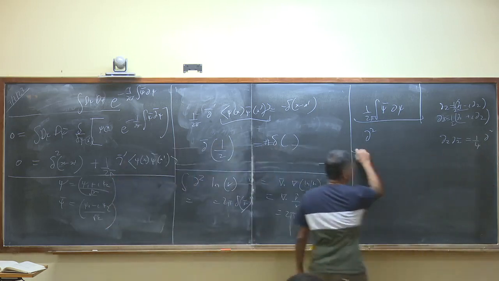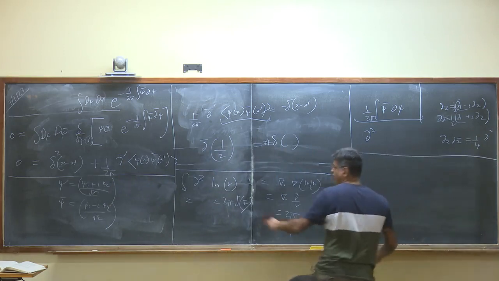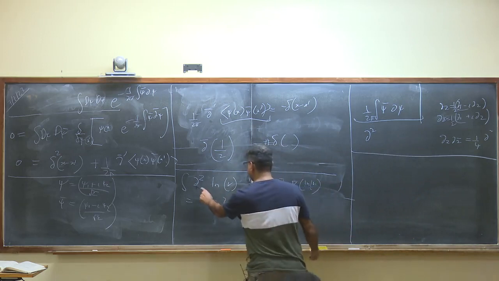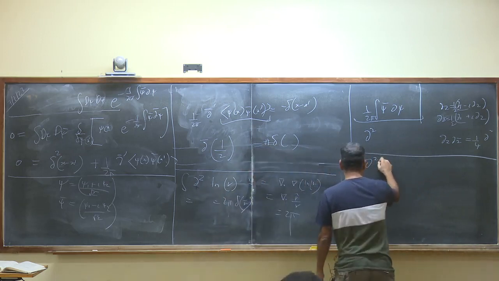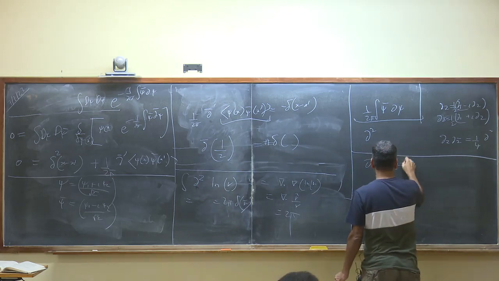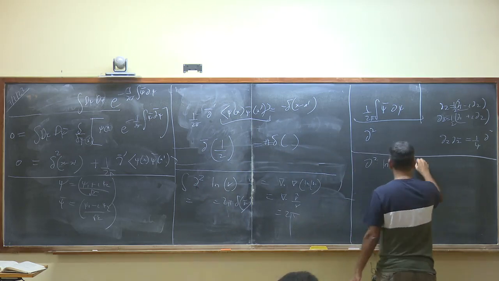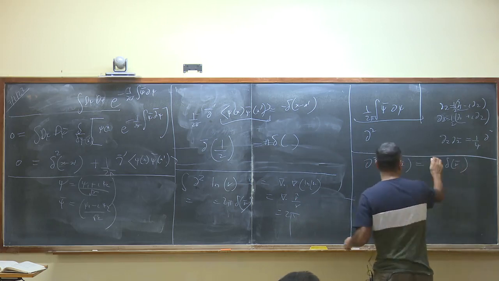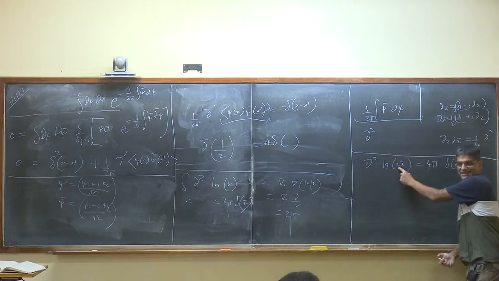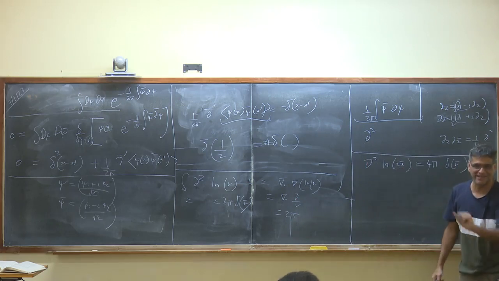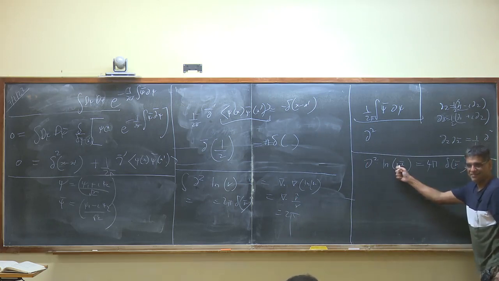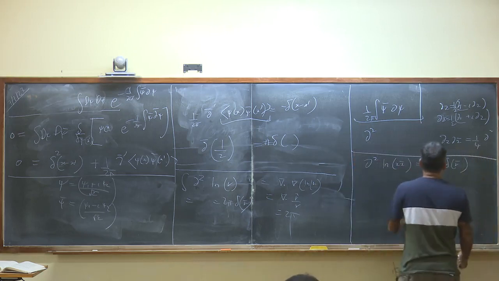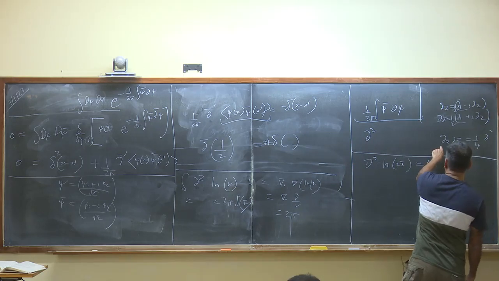So we had del squared of log z bar z, which is log r squared, equal to 4 pi delta of r. I'm sorry about this, it'll be done in 2 minutes. It's 4 pi delta of r, and del square was equal to 4 del z del z bar.